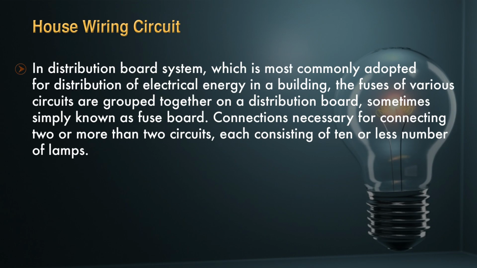In the distribution board system, which is most commonly adopted for distribution of electrical energy in a building, the fuses of the various circuits are grouped together on a distribution board, sometimes simply known as a fuse board. Connections are necessary for connecting two or more circuits, each consisting of 10 or fewer lamps.